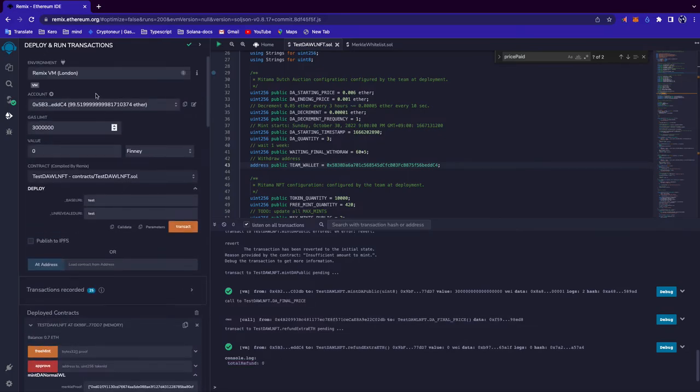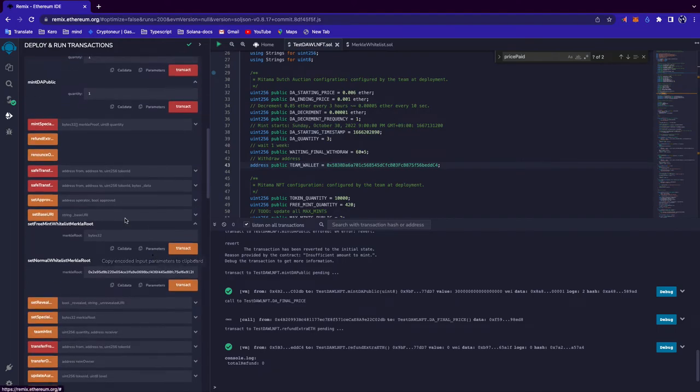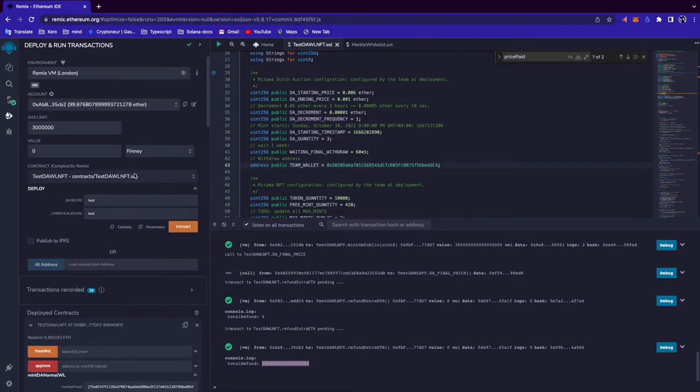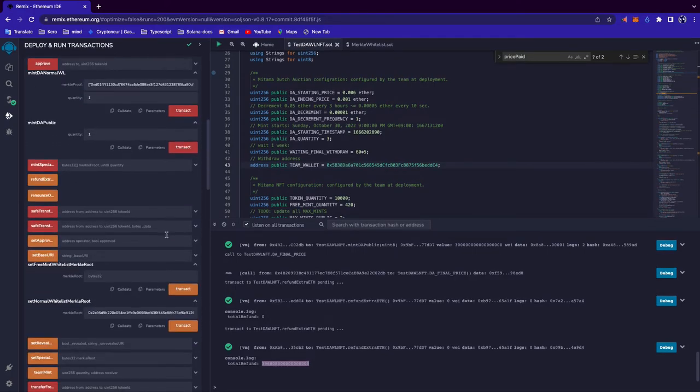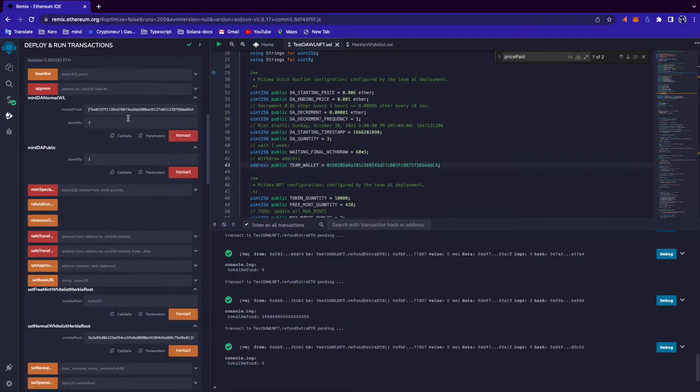This account can claim zero because he didn't purchase anything. Sorry, let me change the address and try it again. So refund. Yes, this account will get this amount from the contract. Once it refunds everything, there is no additional amount he can claim.